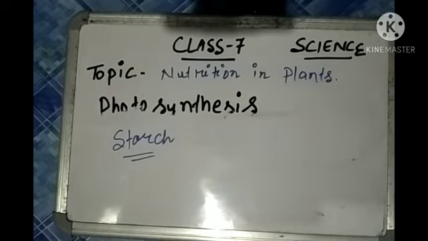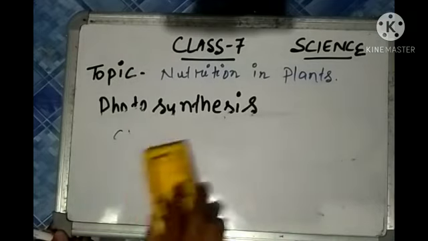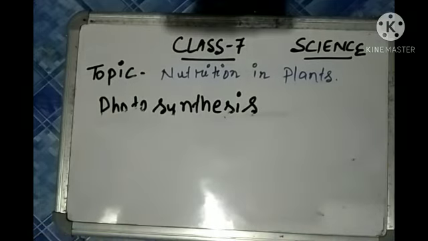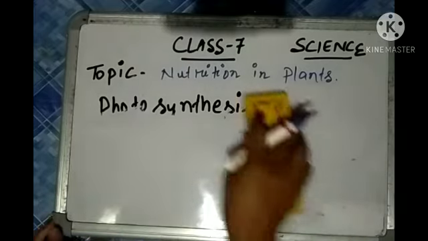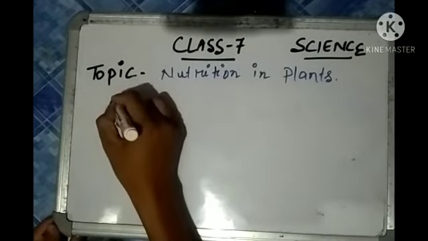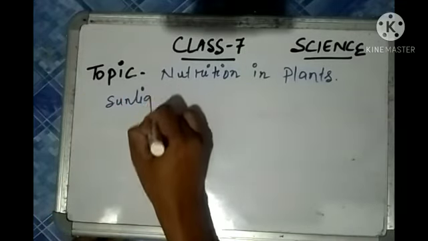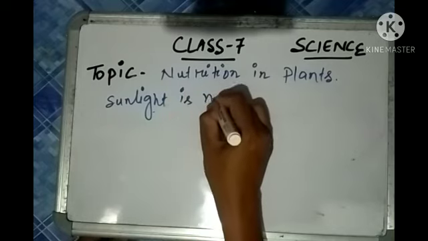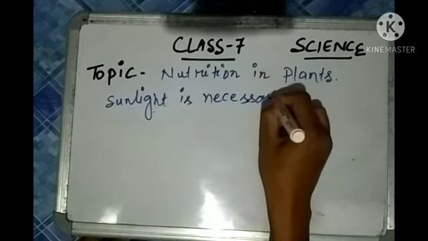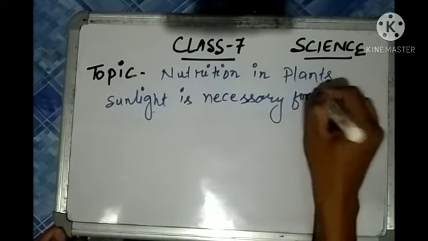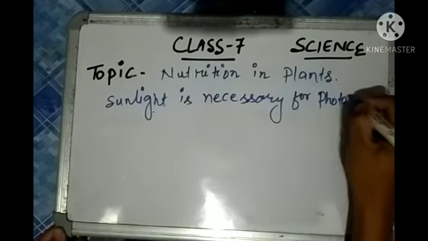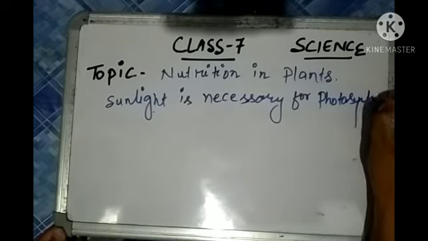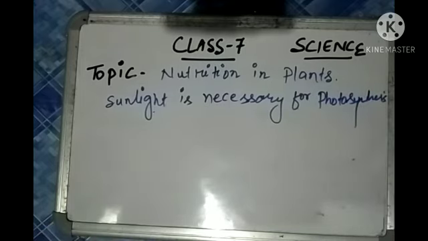So we take this idea and we can perform an activity which is given in your textbook, activity 1.1, to check that sunlight is necessary for photosynthesis.